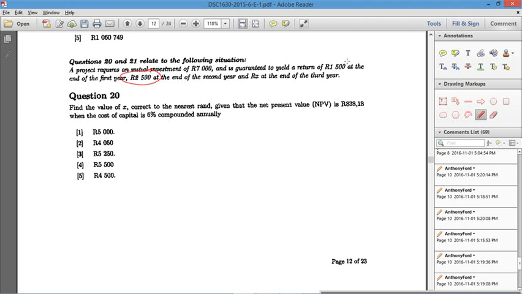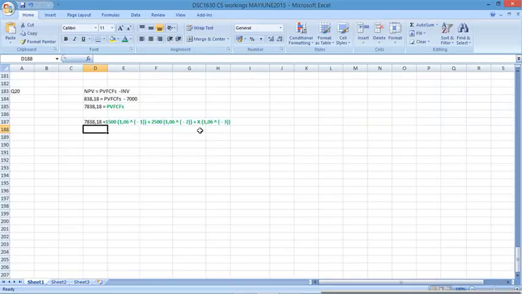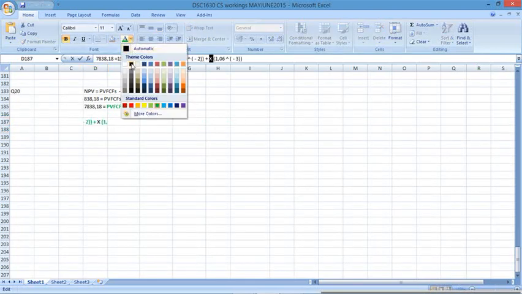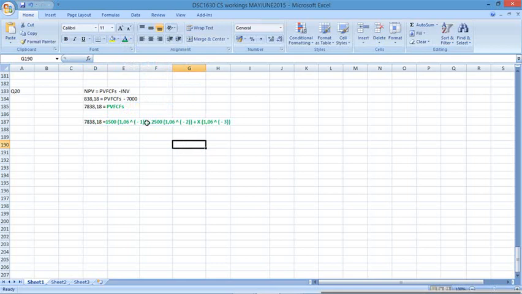There's a future cash flow, there's a future cash flow, and there's a future cash flow. I don't know what those cash flows are. I only know what 2 of them are. I don't know what the third one is. Okay, and that's why I'm solving for this, which is my X. Okay, so I'm going to be taking those figures to the left, and I'm going to be working out an amount.